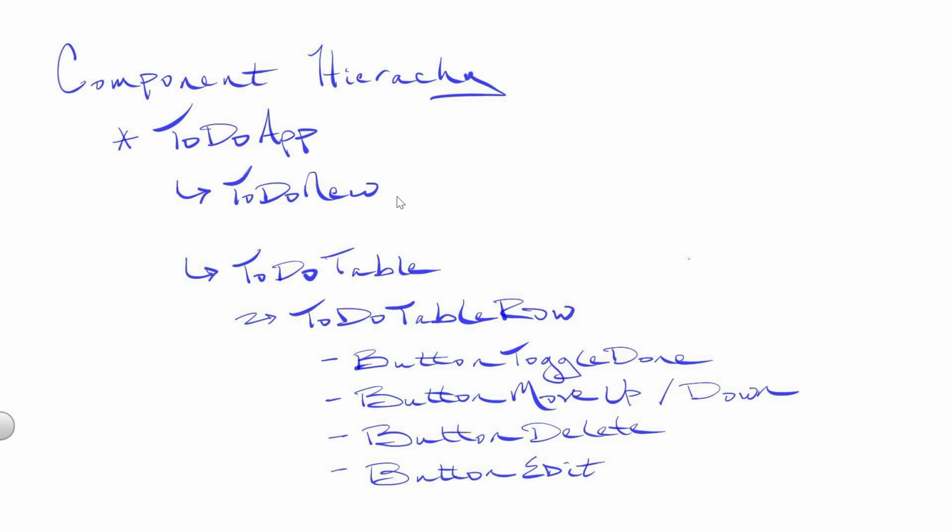So it's very natural to me that certainly the state shouldn't live down here, and not in the buttons, and not in the to-do table row. It could potentially live in the table, but I'll pop it back up one. It just feels like we should leave it here in the app, because what you need to do is find a common ancestor.